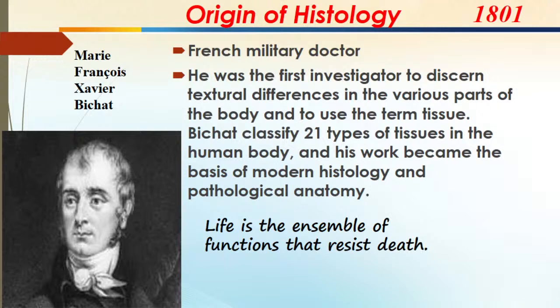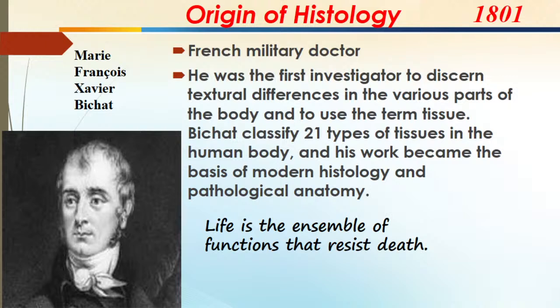The origin of histology started in 1801. Then the French military doctor Marie-François Xavier Bichat was the first investigator to discern the textural differences in the various parts of the body and to use the term tissue. As you have heard, this is a French word.